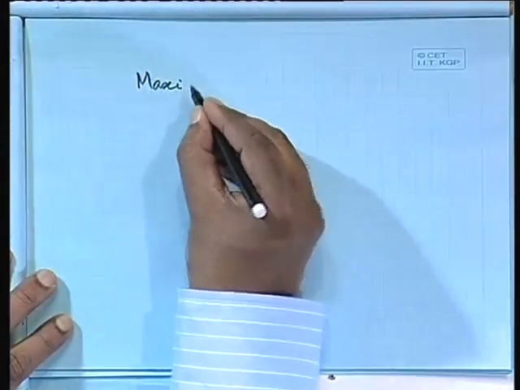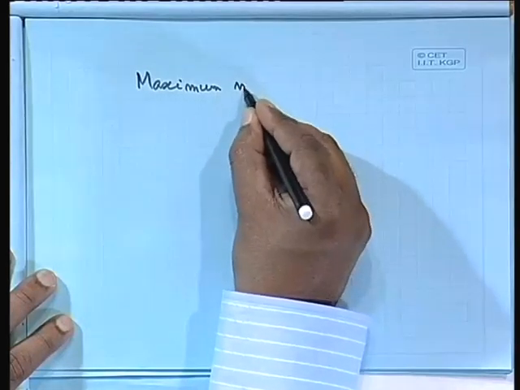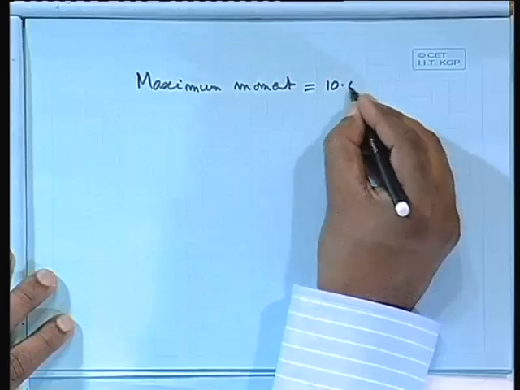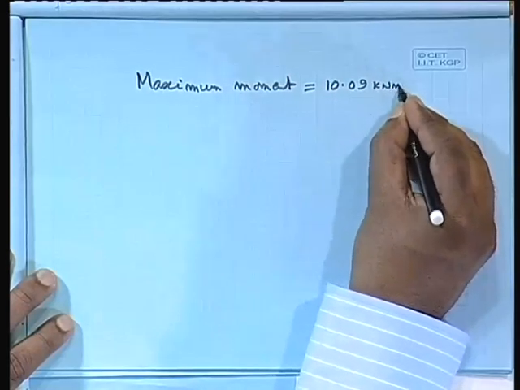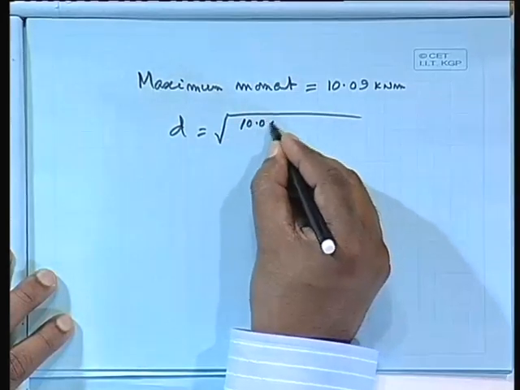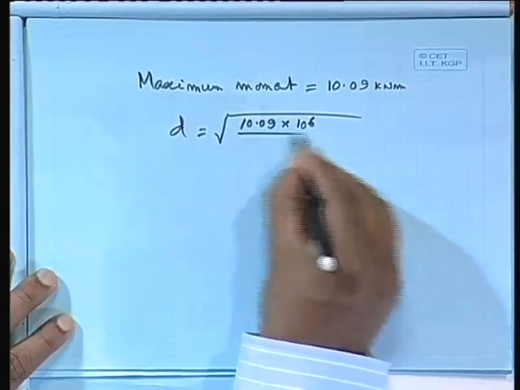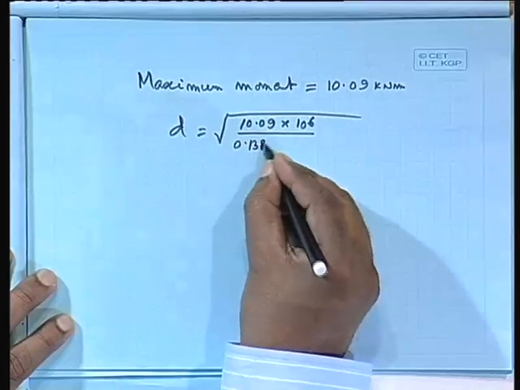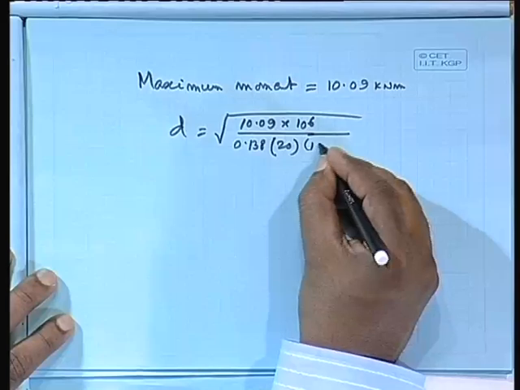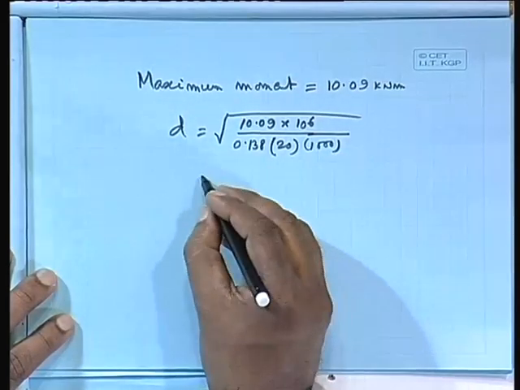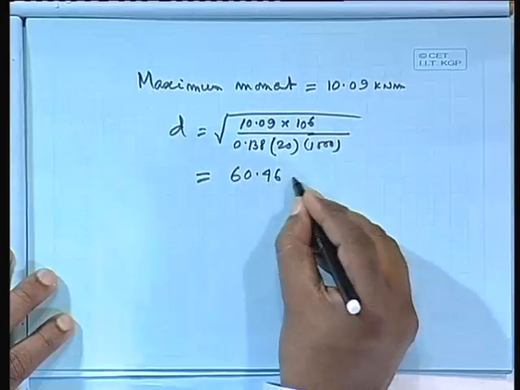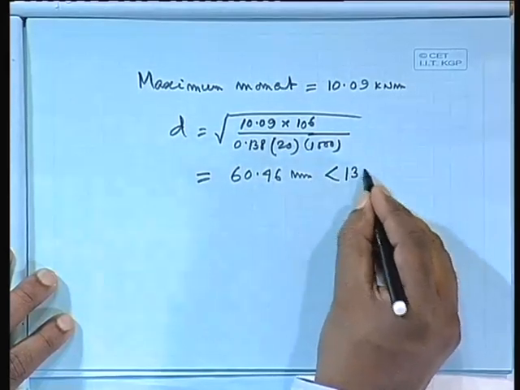So, maximum moment: d equal to square root of 10.09 into 10 to the power 6 by 0.138 times 20 times 1000. 1000 is the width, we are talking unit width. Which comes as 60.46 millimeter, less than 130 millimeter.